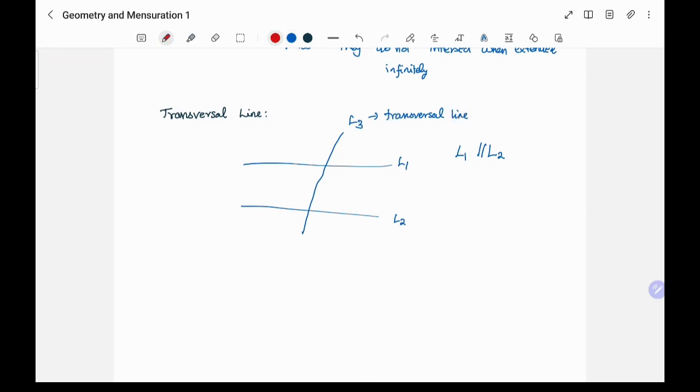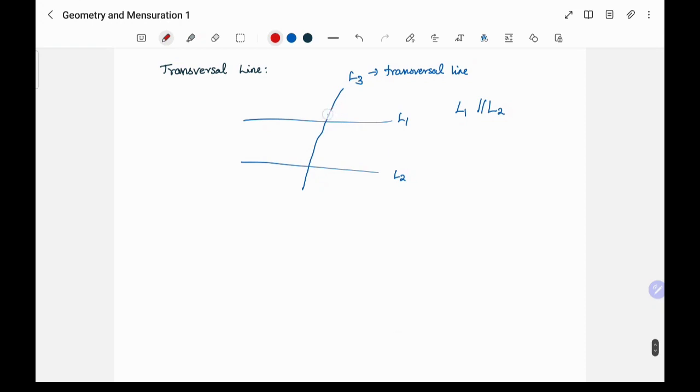So there are very special properties for this transversal line. You can see there are many angles formed, right? So let's name them. Angle 1, angle 2, angle 3, angle 4, angle 5, angle 6, angle 7 and angle 8.